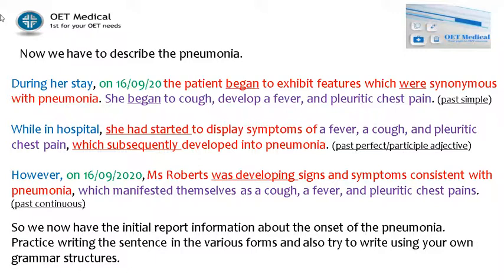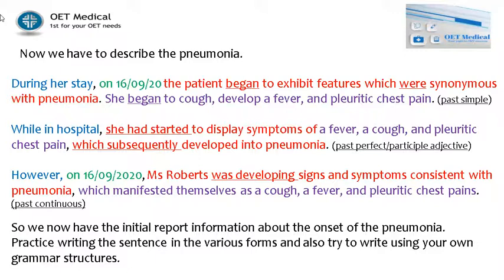So this is done in the past simple. While in hospital, she had started to display symptoms of a fever, a cough, and pleuritic chest pains, which subsequently developed into pneumonia. So we have past perfect, she had started, and then we have participle adjective, which subsequently.